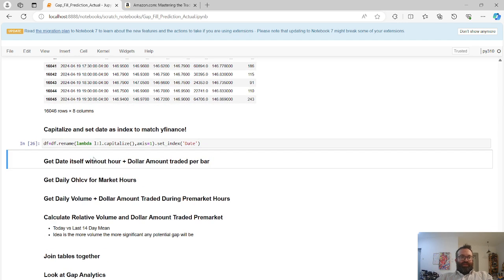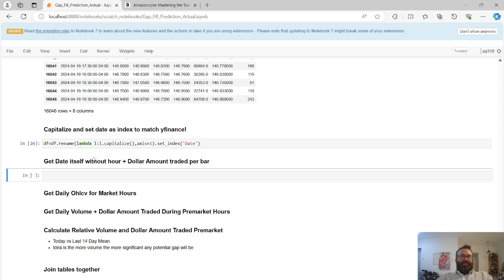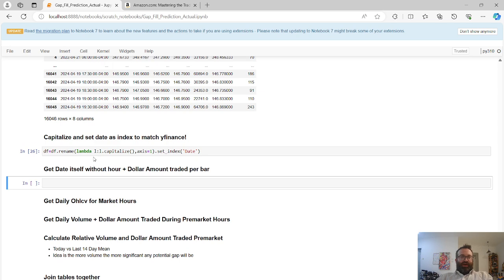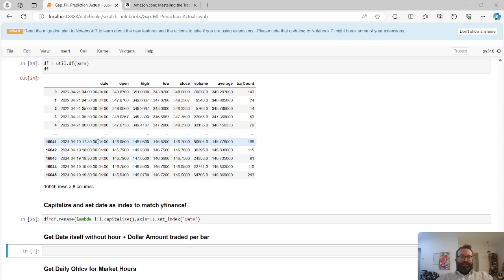Okay. So now let's get the date itself, because we're predicting on a day level. And remember I told you guys that we want to have some sort of measure of how active trading is in the pre-market versus usual.